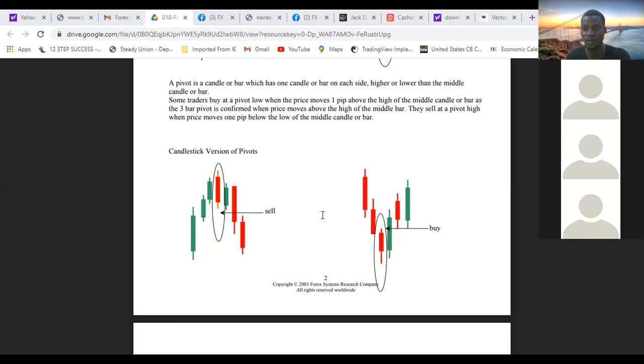Statistics show that if you have a risk to reward of 1 to 2 and you trade at least 10 times, then if you win 5 and lose 5, you still make a profit. Let's say you are risking 1 to make 2. If you lose 5, it's 1 times 5, that's 5. But if you win 5, which is 2 times 5, that's 10. So we have 10 minus 5, we still make 5.